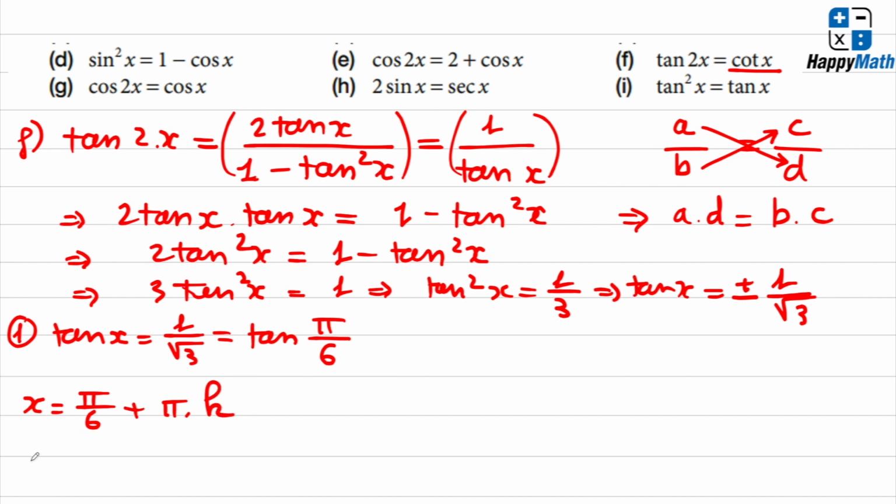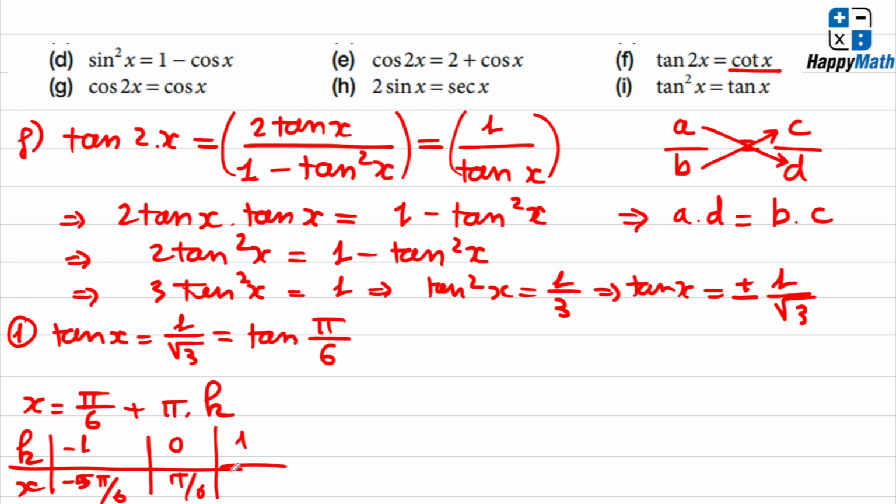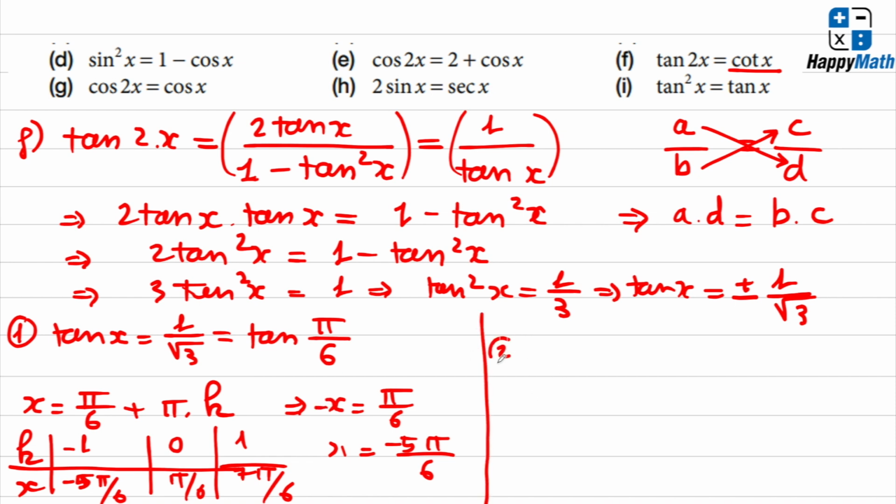And you get k and you get h. When k equals minus 1, here is minus 5 pi over 6. Here 0 is pi over 6, and for 1 will be 7 pi over 6. So two solutions for this case, pi over 6 and minus 5 pi over 6. That is the first equation.